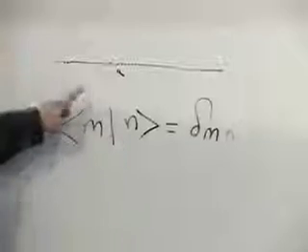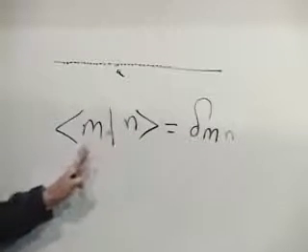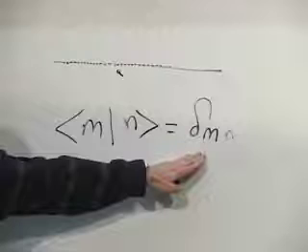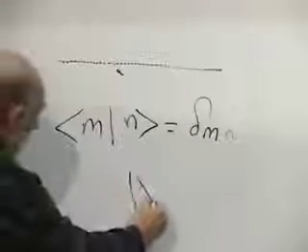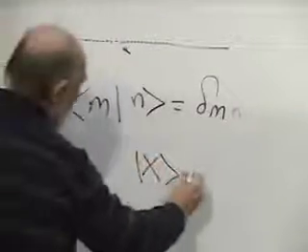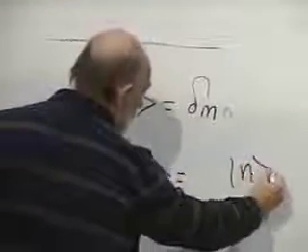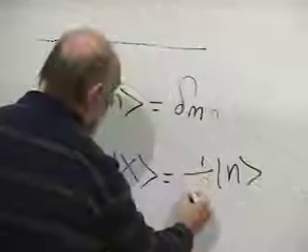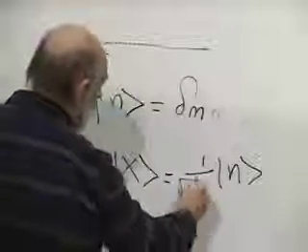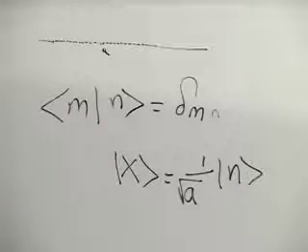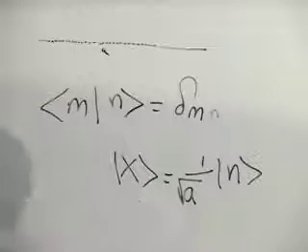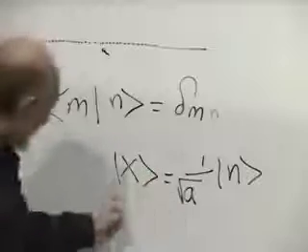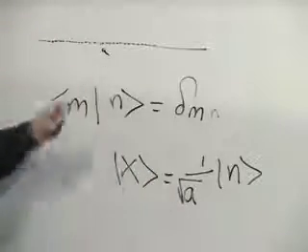The implication of this is that the inner product of one of these with itself is just 1. What we would do to get to the vectors x is to multiply the vectors n by a numerical value which would be 1 over the square root of a. You just multiply the vectors by a large number. When a gets small, the 1 over the square root of a gets big, and you simply multiply all of the vectors.